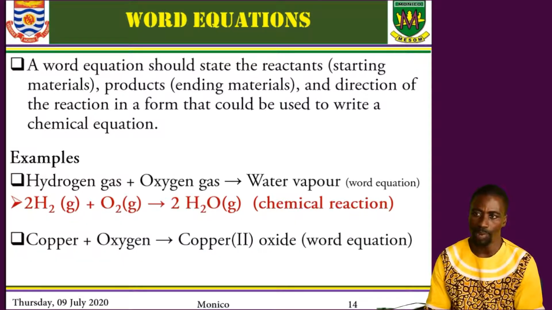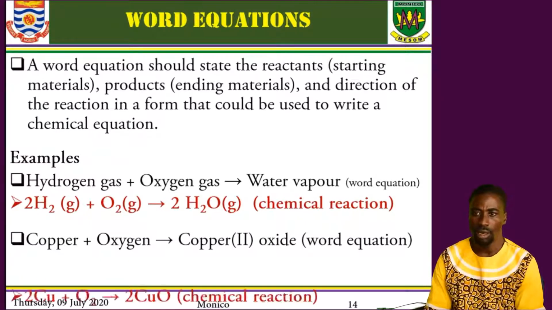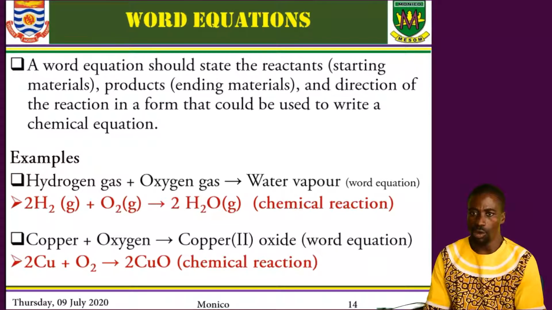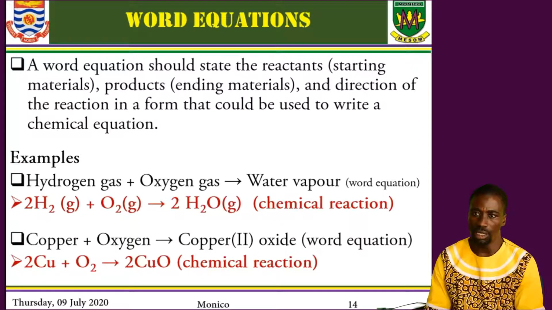But once it's been specified, then you have no option than to write it as it is. Okay, so I have my Cu plus O2, and because it's copper(II), I will only have CuO. Then all the others are just balancing of the equation. Okay, so that is what we mean by word equation, and then transferring the word equation into a chemical equation or reaction. Alright.